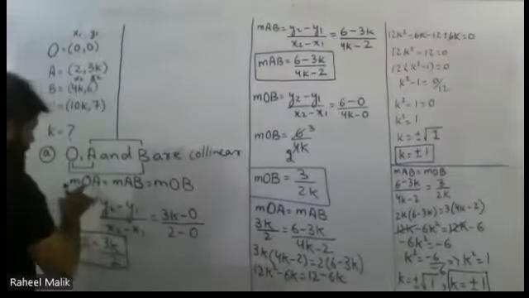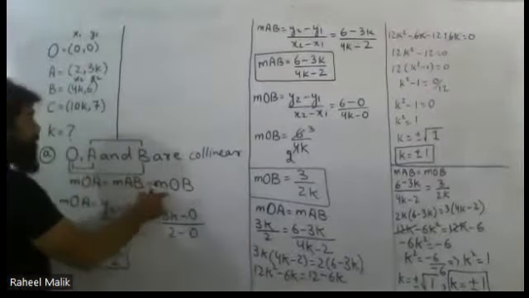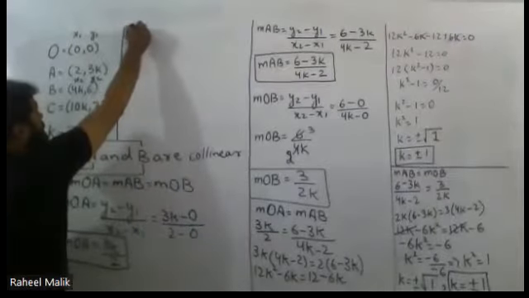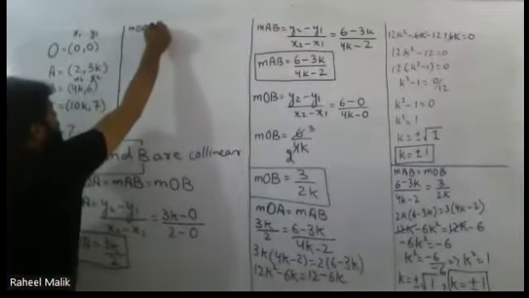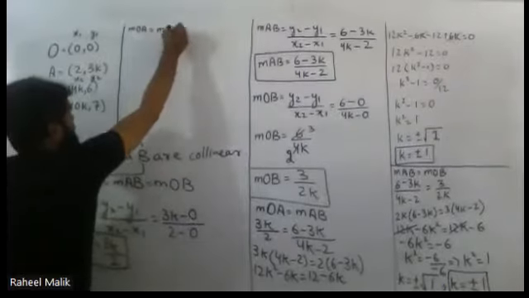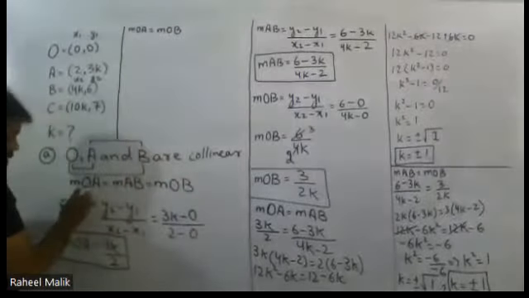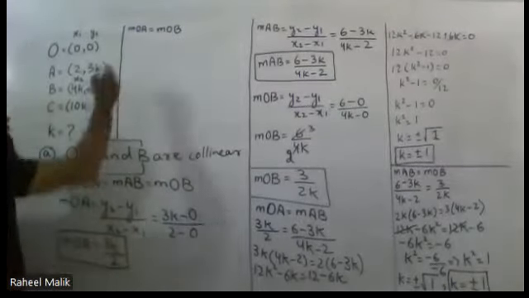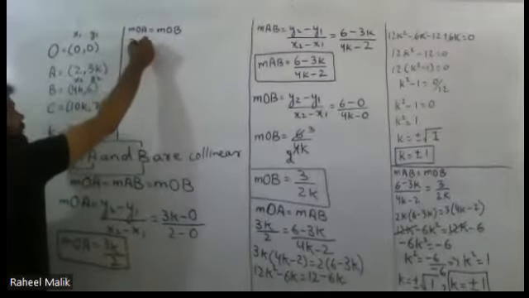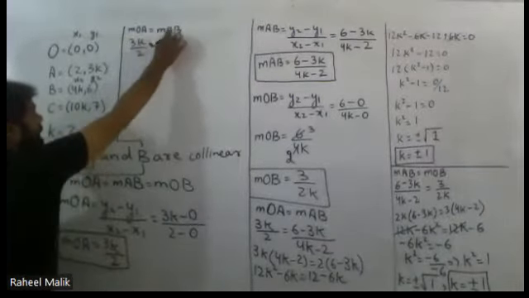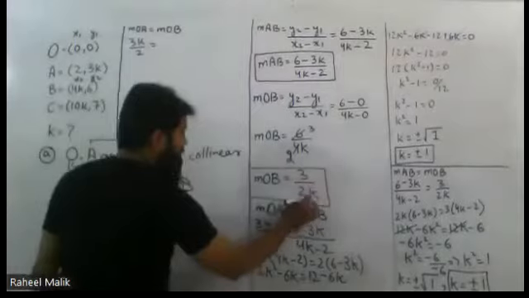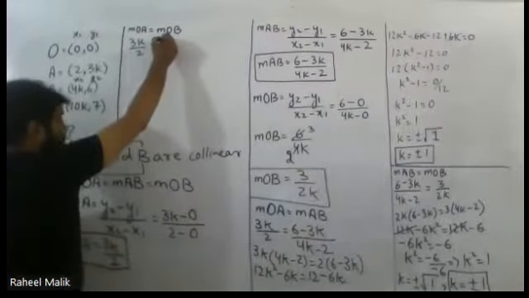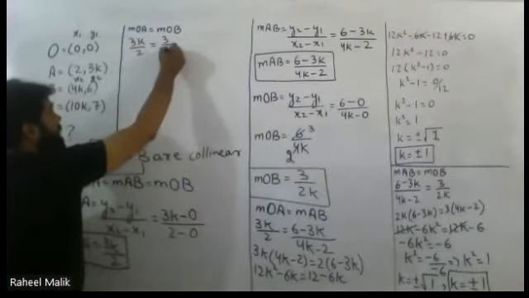Now I am comparing gradient of OA with OB. Okay, so what was OA? OA was given 3k over 2, and gradient of OB was given 3 over 2k.